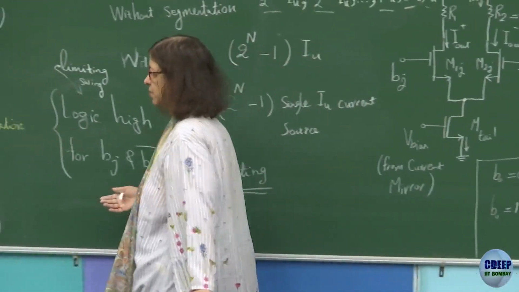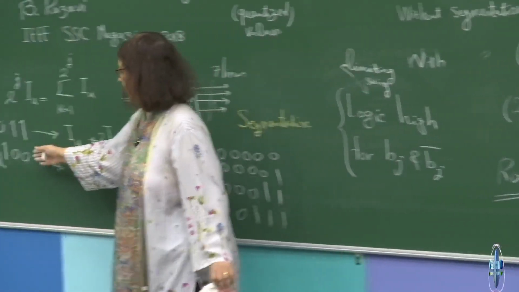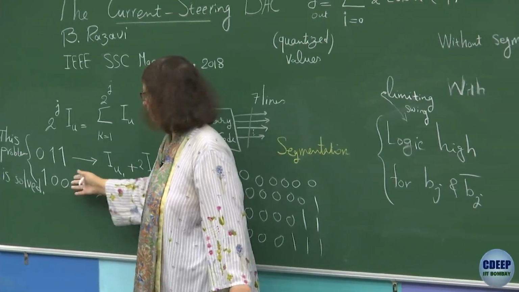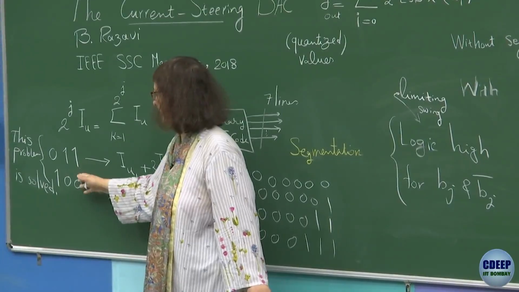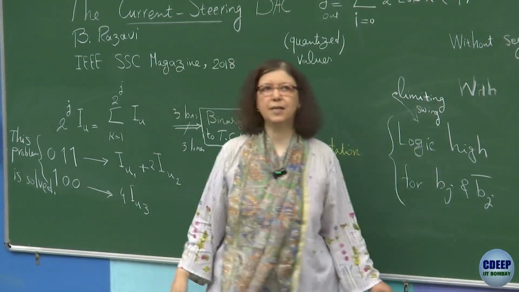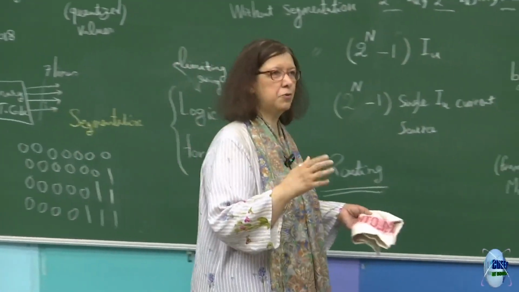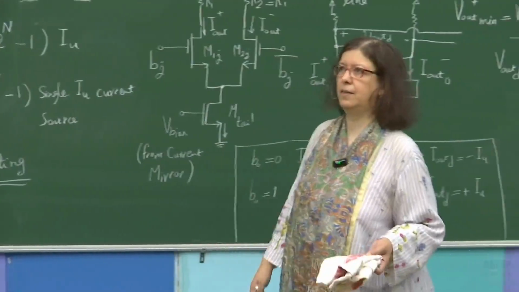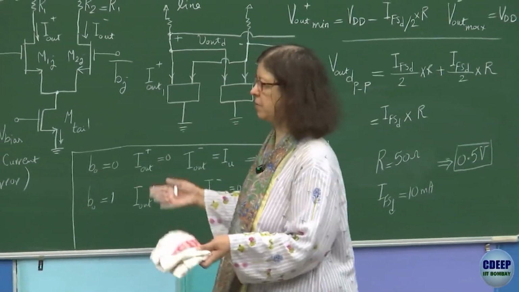This is almost the middle of the code, exactly the middle of the range. If you move towards the LSB, only the LSB is swinging, or the last 2 bits. Therefore, there is a combination as well. For example, the first 2-3 bits are binary weighted and the rest are segmented. That combination is also possible.